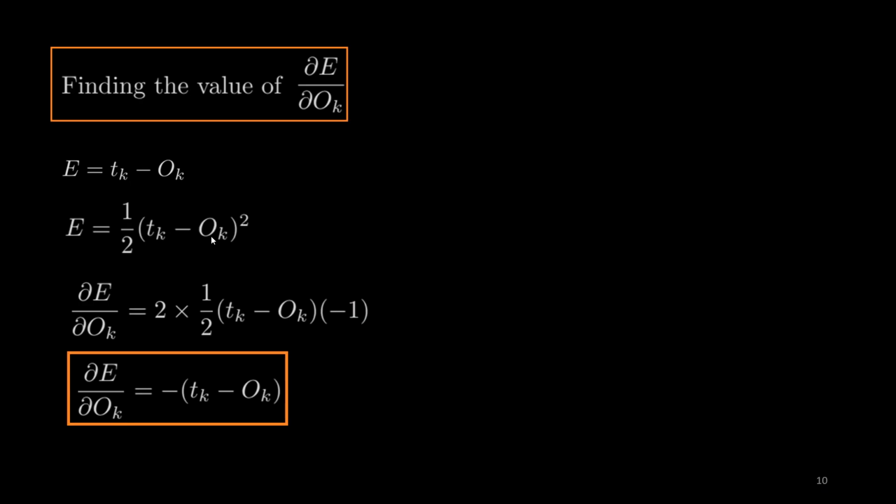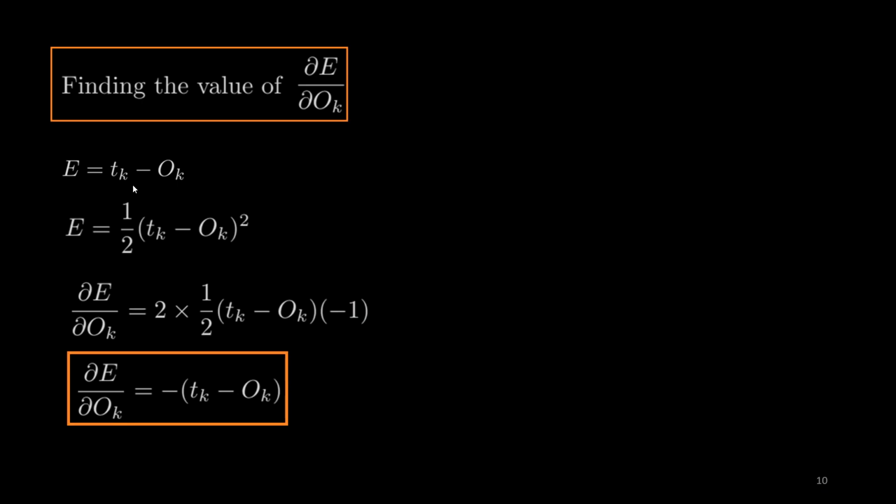Similarly, if we have tk minus ok raised to power 2, we have a derivative 2 times tk minus ok. We use this half for our mathematical convenience, so that when we take a derivative, this 2 will come at the start and cancel with this half. In that way, we will get a simplified form of the equation.